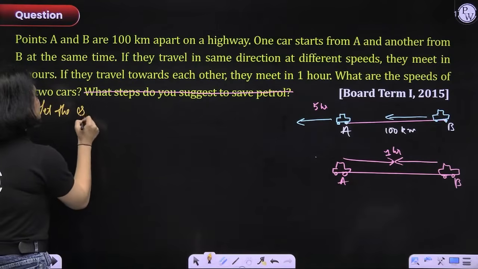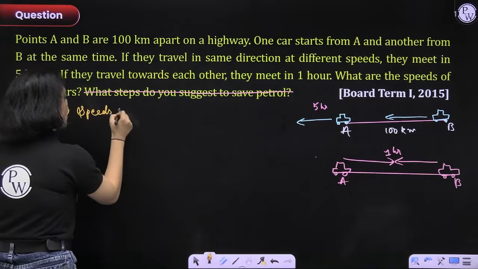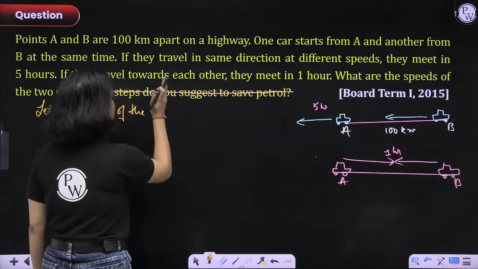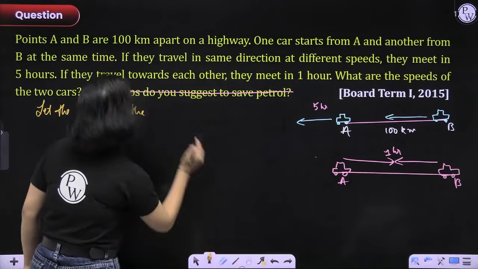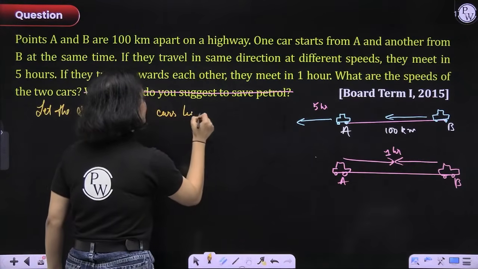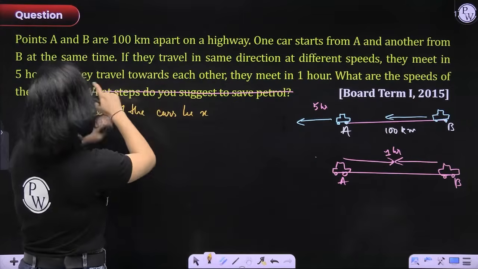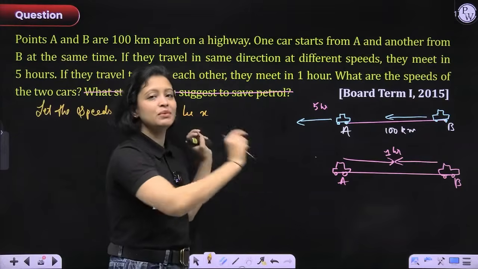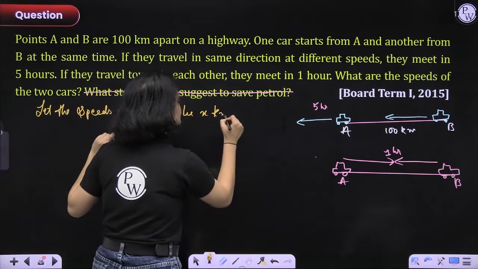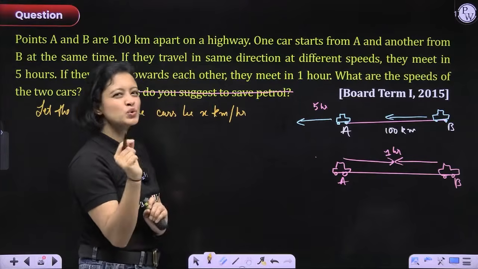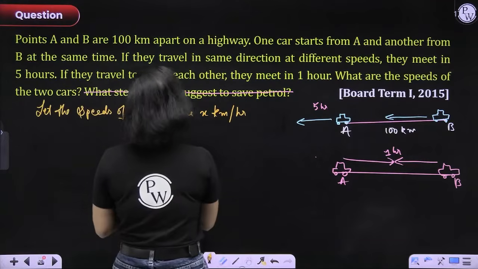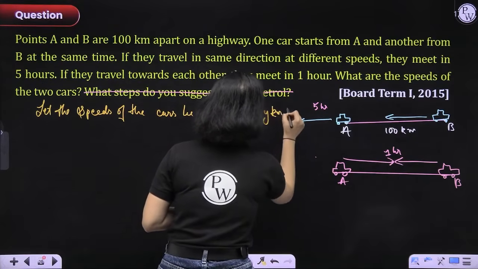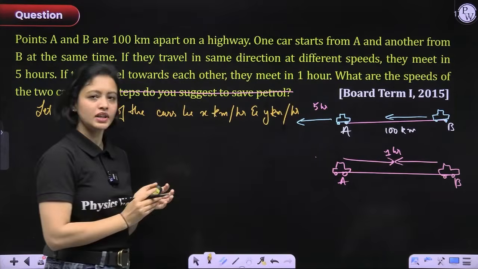Since they are giving the distance in kilometers and the time in hours, please take your speed as kilometers per hour. Use that common sense. So let the speeds of the cars be X kilometers per hour and Y kilometers per hour respectively. These are our speeds.